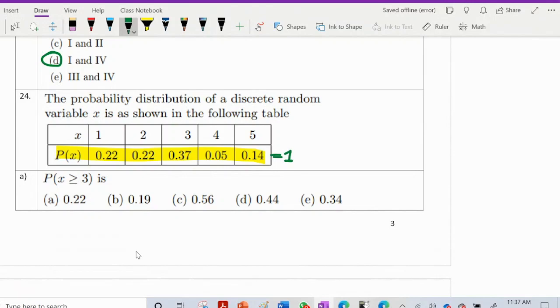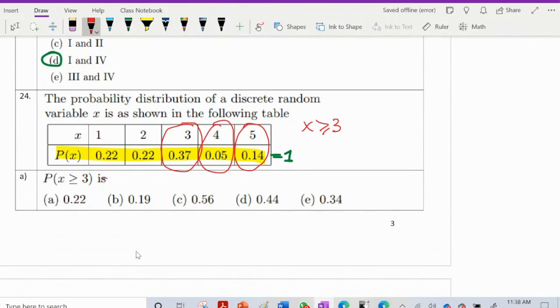And then they said find the probability of x greater than or equal to 3. It means pull from 3, 4, 5. That's what it means.